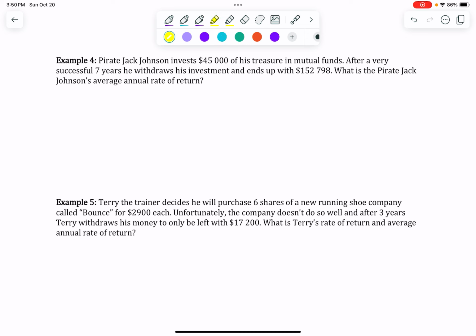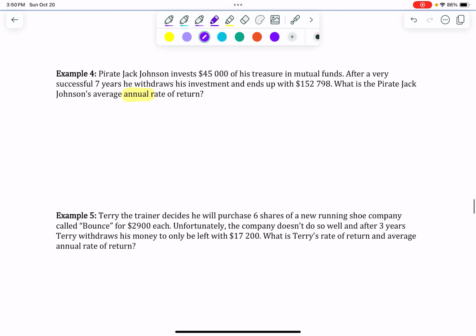Okay, the keyword that I'm looking for, that I'm not just calculating rate of return, is annual. If I see annual, that's one step further than rate of return. Now, if I want to find this annual rate of return, of course, I need to know the rate of return first. It didn't tell me the rate of return in the question, so I've got some work to do.